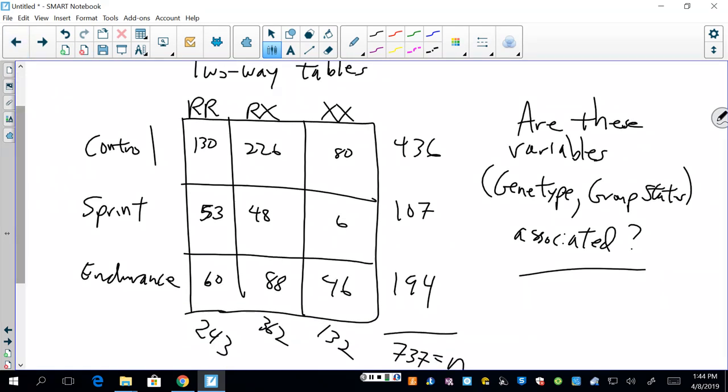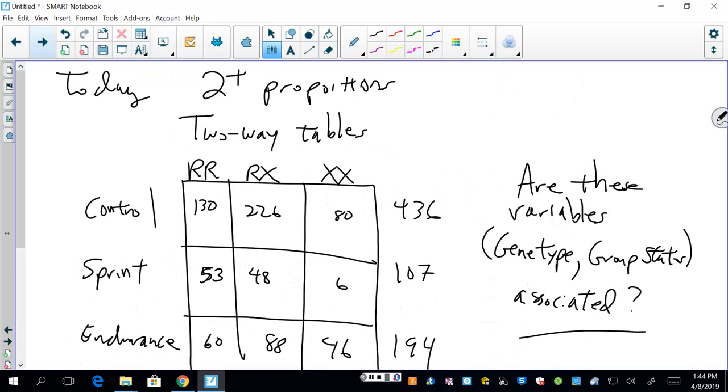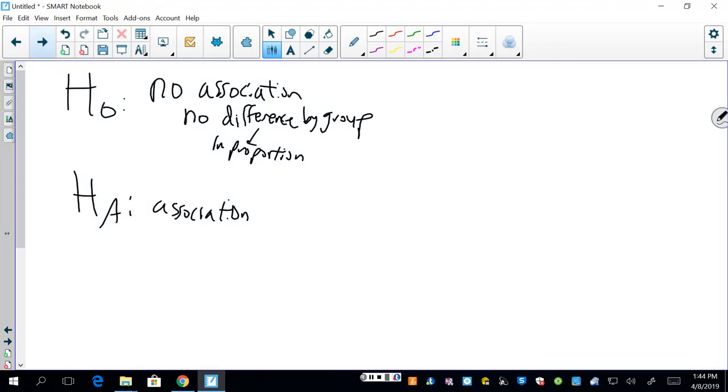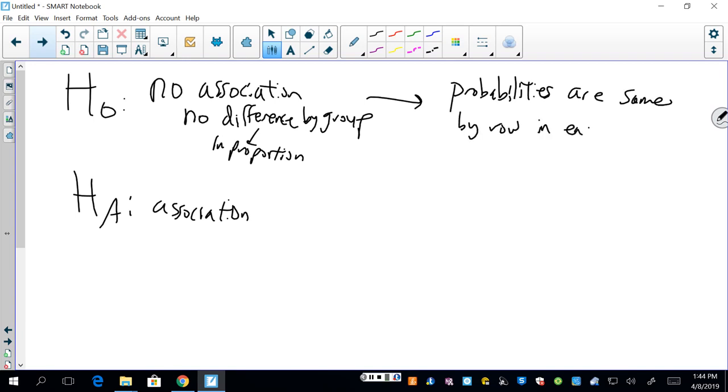So if that's our table, and if there's no association, under this we're going to calculate probabilities. We're going to interpret this as the probabilities being the same by row in each column.